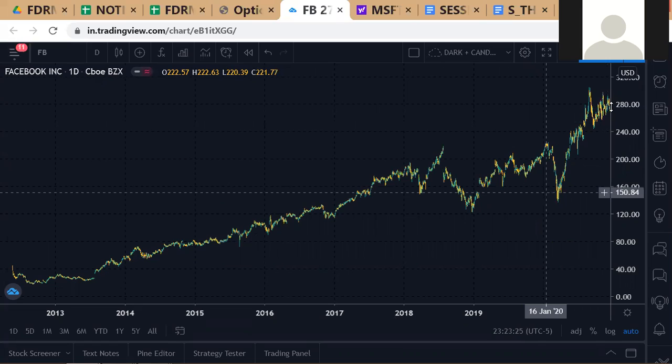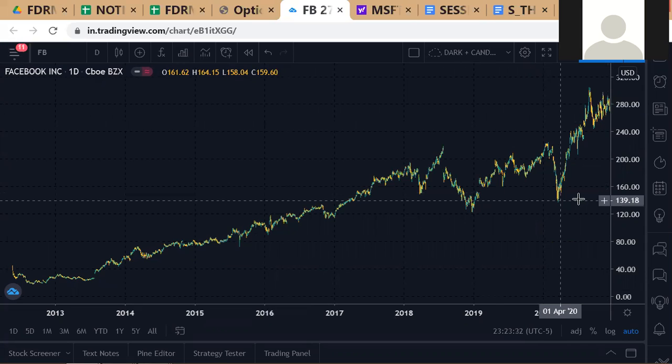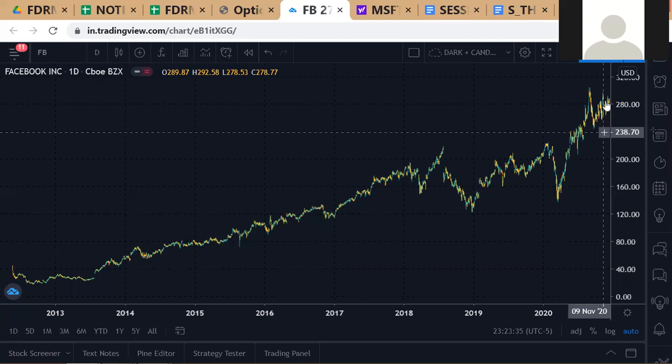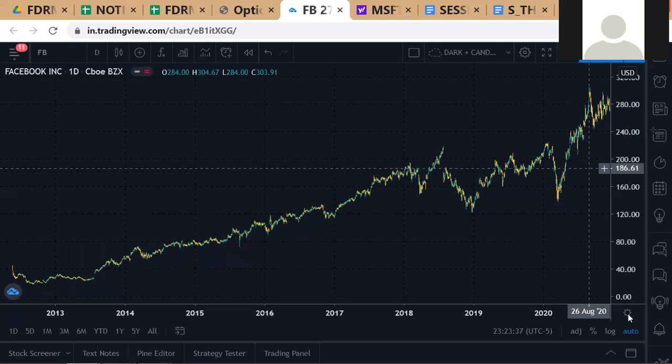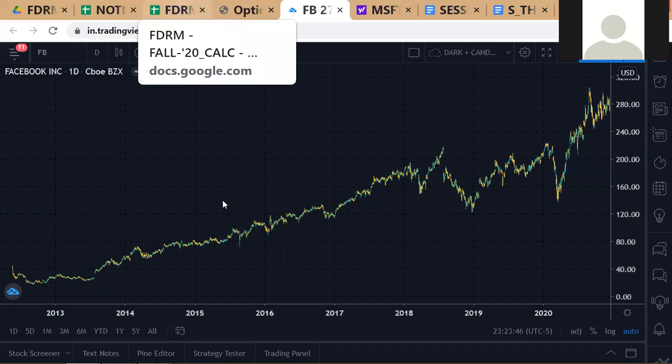Many of the US states have filed a suit against Facebook, saying that it is engaging in anti-competitive behavior, abusing its dominant power. So anyway, let's look at Facebook.